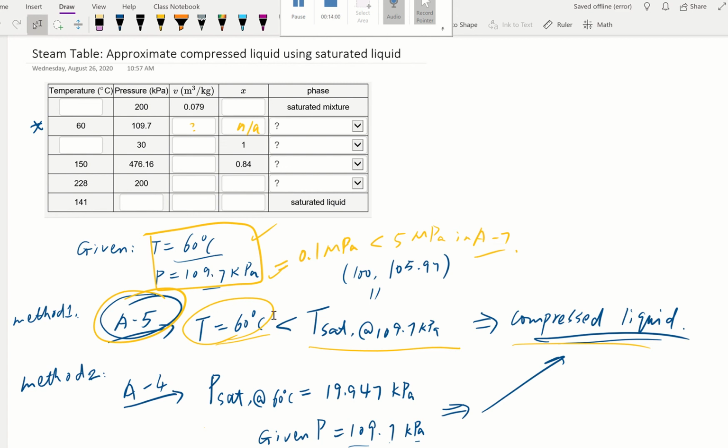Then I compare what's given, the temperature, to the saturated temperature. If it's less, compressed liquid. If it's the same, saturated liquid-vapor mixture. If it's higher than this boiling temperature, we know it's going to be superheated vapor.